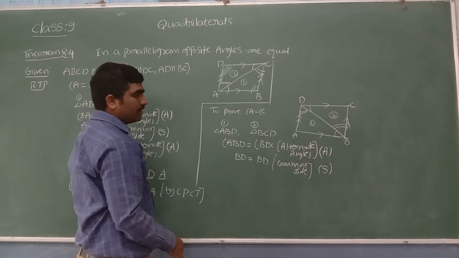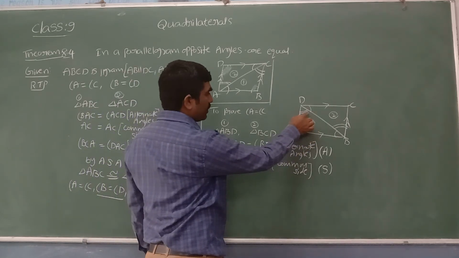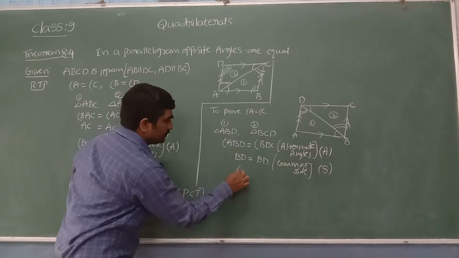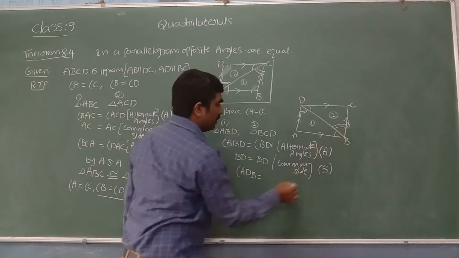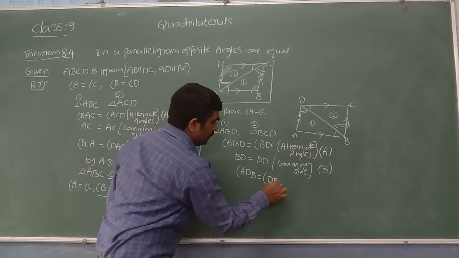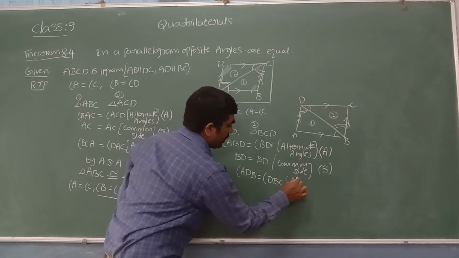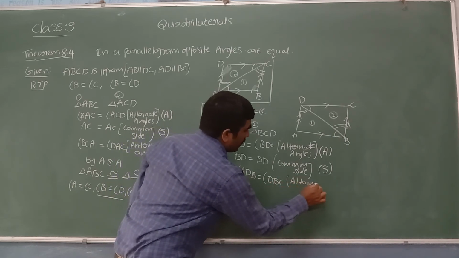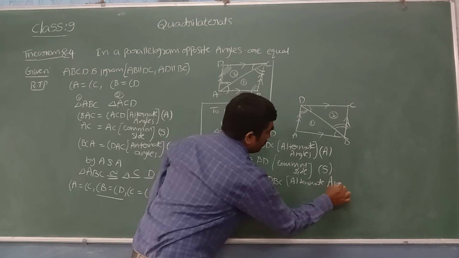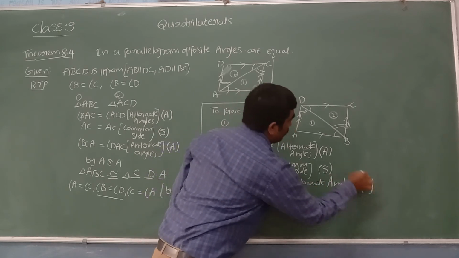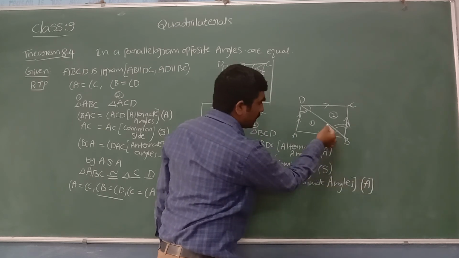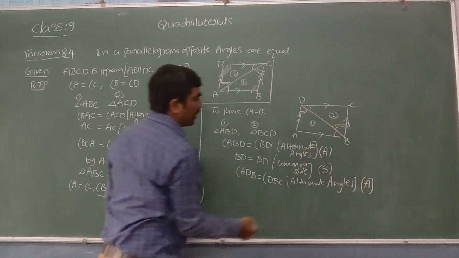Next, any other equal angles? In the first triangle you can see angle ADB is equal to the second triangle's angle DBC. The reason is both the angles are alternate angles. One more angle also got. Now the side is included between those two equal angles.